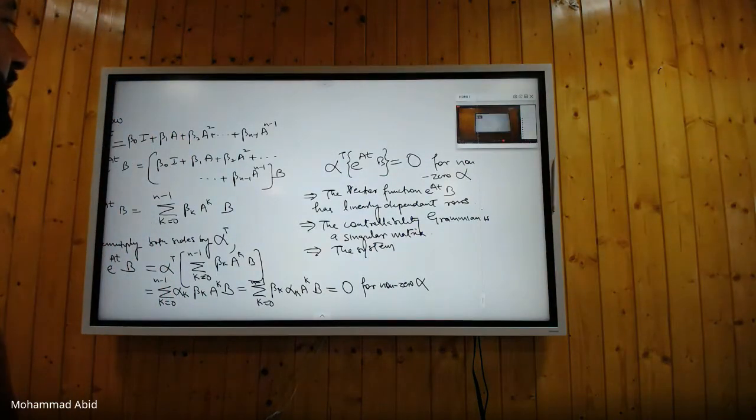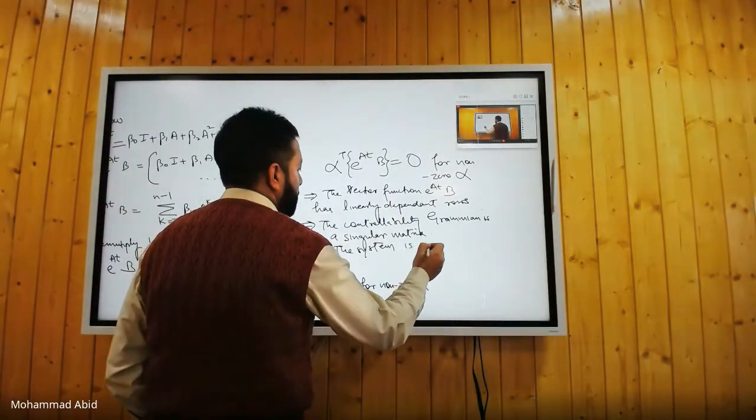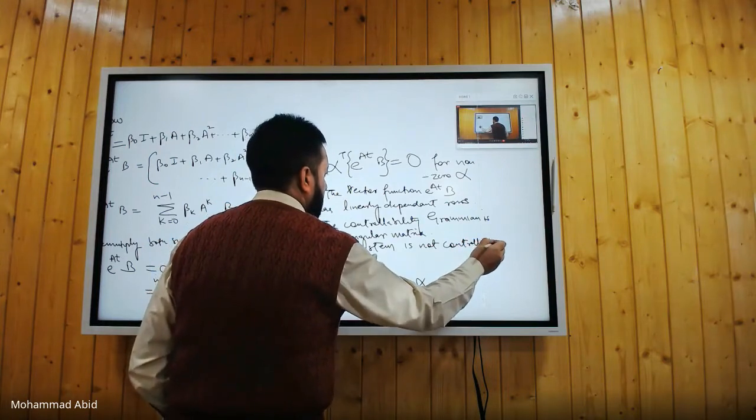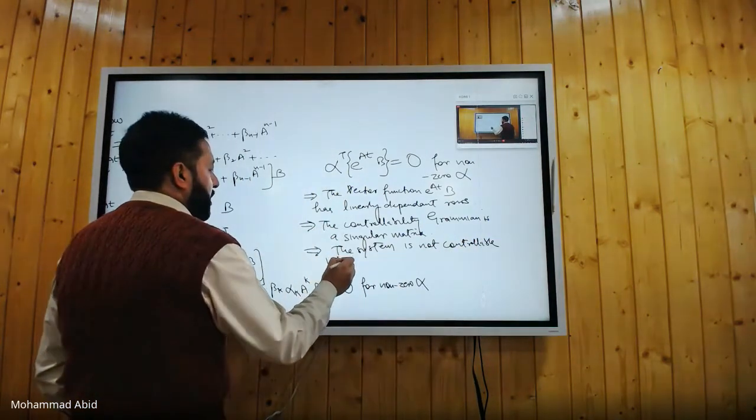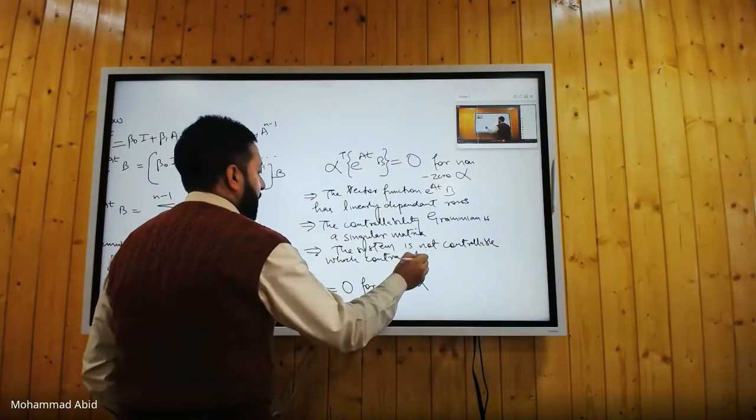Now what we are getting here is that the controllability gramian is a singular matrix. So that actually implies that the system is not controllable, which contradicts our assumption.